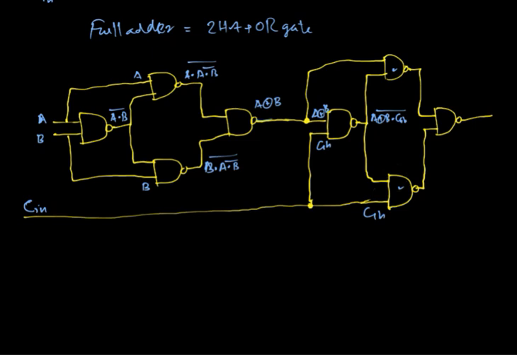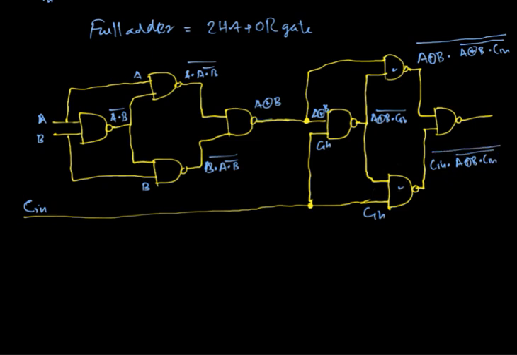Now this will be A XOR B ANDed with A XOR B and C in complement, all complement, and here it will be C in and A XOR B, C in complement, all complement.